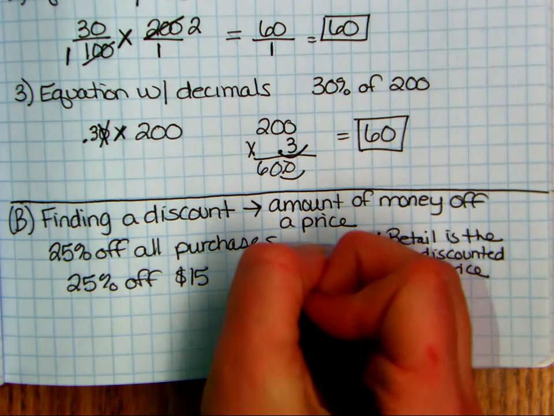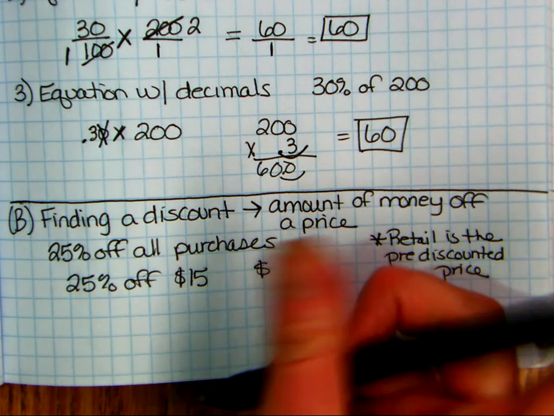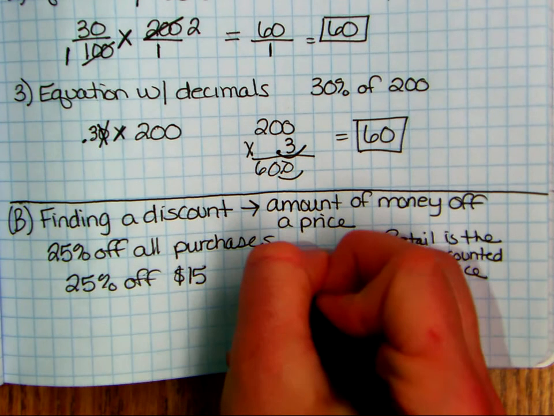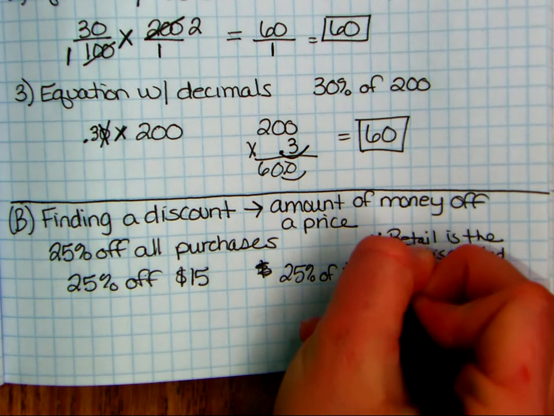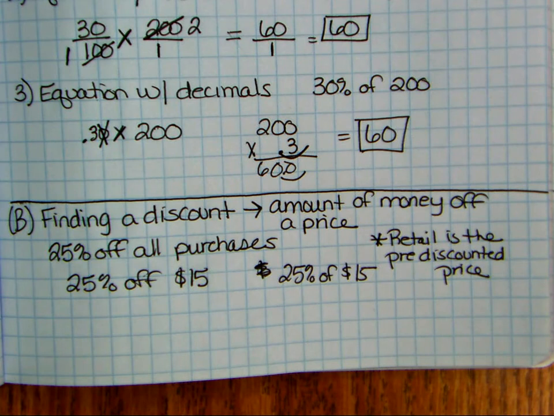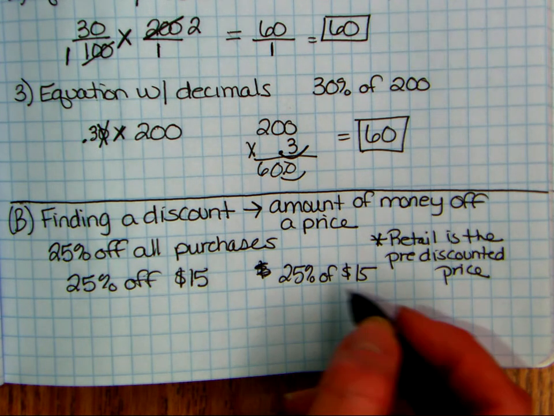So we're going to do a 25% of $15 problem in order to first find out what the discount is going to be. So to solve that, I'm going to do this as a decimal one. Okay? What does of mean?